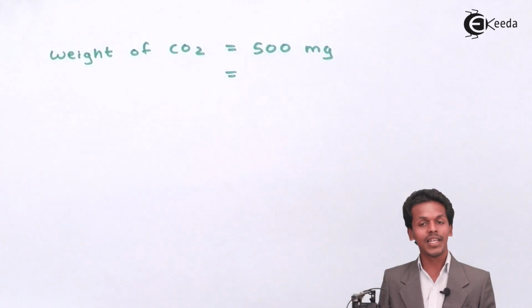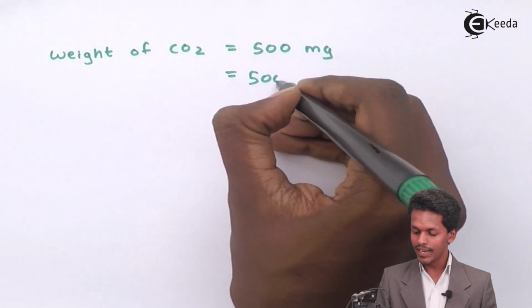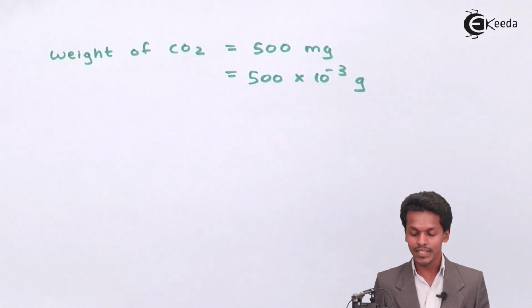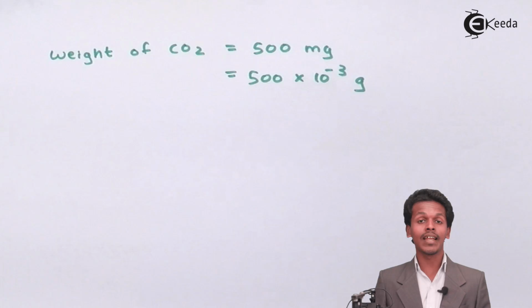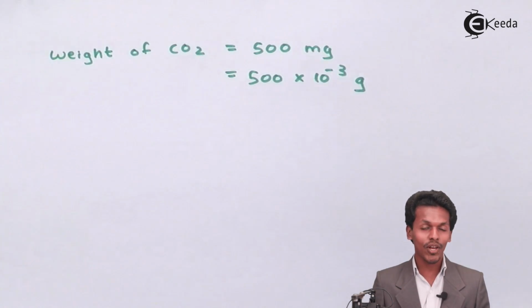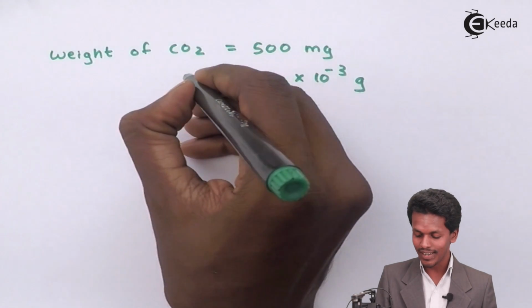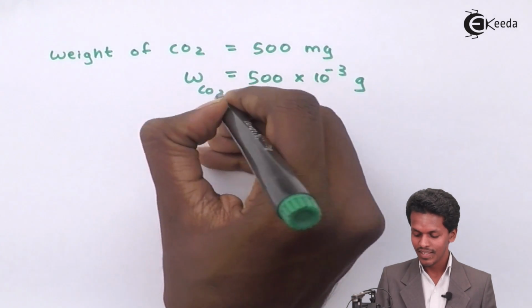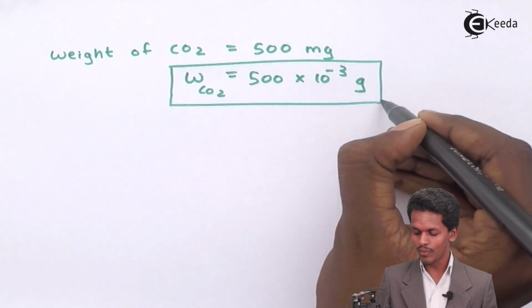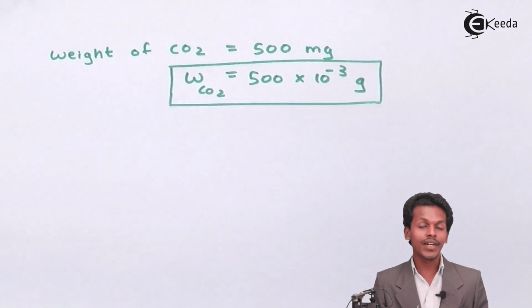I can write it as 500 into 10 raised to minus 3 gram. Very easy. This is the weight of carbon dioxide that we have converted into gram.